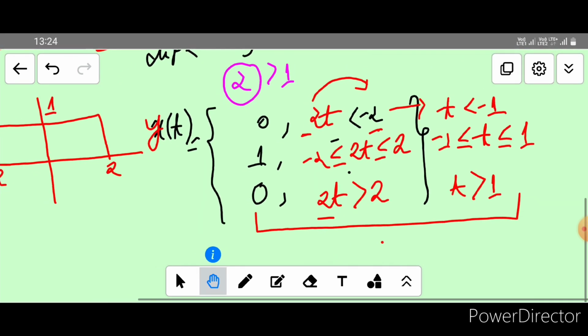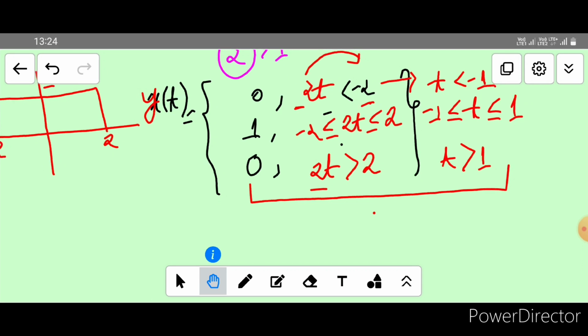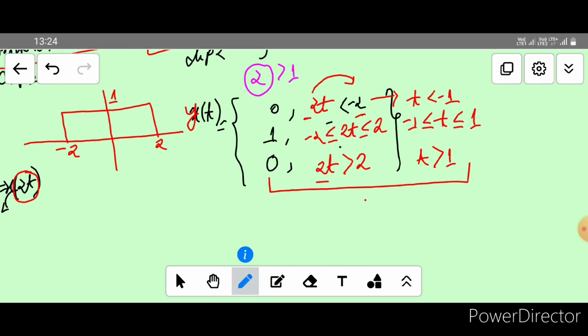Now if we plot the y(t) accordingly, we can see that for t less than minus 1, y(t) is equal to 0. Let this line be minus 1 and this line be 1.